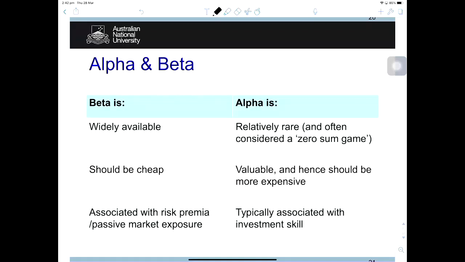The passive products will provide you a very close match to the return from a passive market index. The beta exposure is relatively cheaper. For example, the Vanguard Australian equity funds charge only 20 to 30 basis points of management fee.